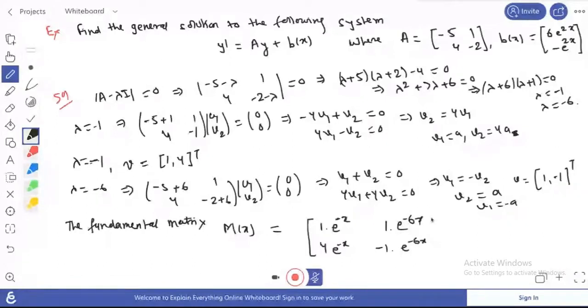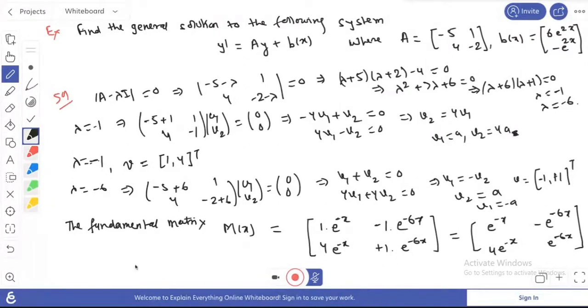So you can easily write the fundamental matrix: e to the power minus x, and 4 e to the power minus x, and the second column has e to the power minus 6x and minus e to the power minus 6x. So this is your fundamental matrix.